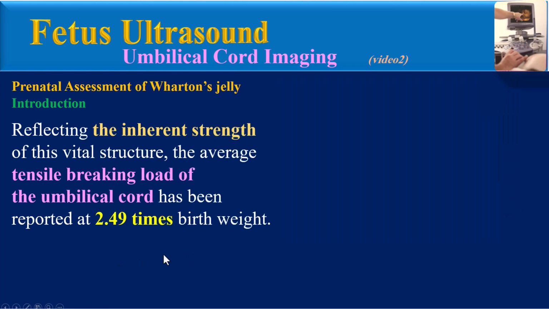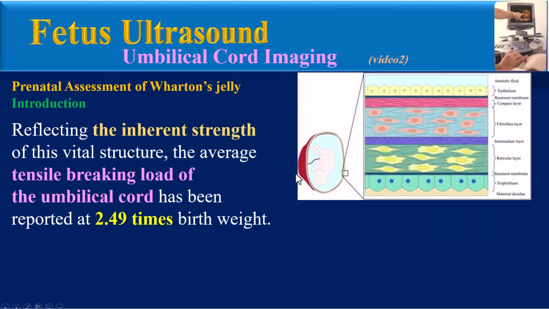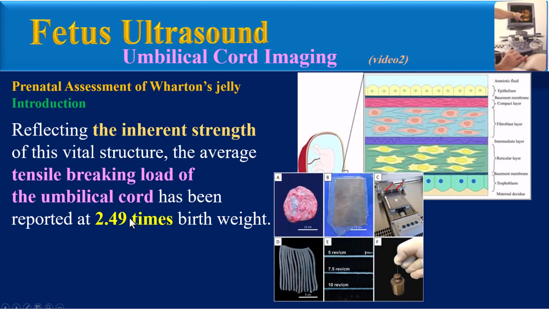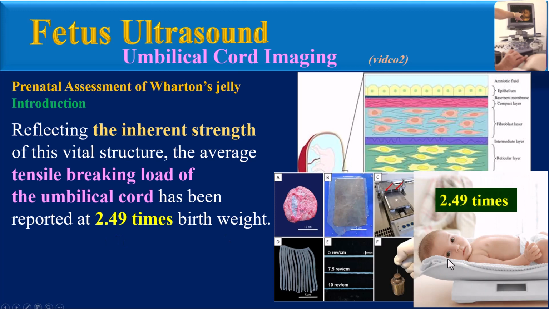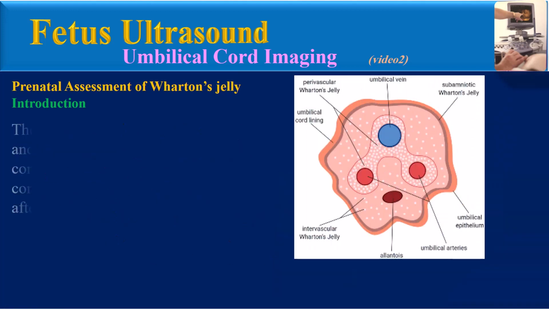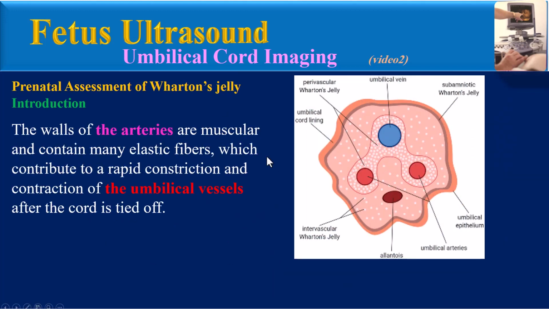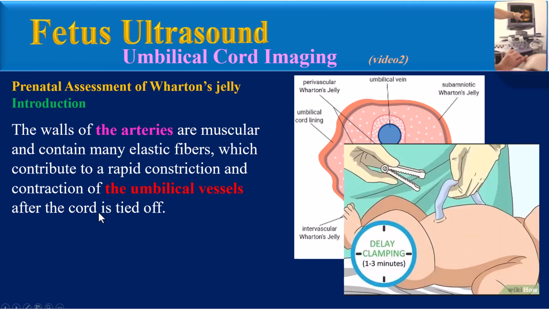Reflecting the inherent strength of this vital structure, the average tensile breaking load of the umbilical cord has been reported at 2.5 times birth weight. The walls of the arteries are muscular and contain many elastic fibers which contribute to a rapid constriction and contraction of the umbilical vessels after the cord is tied off.